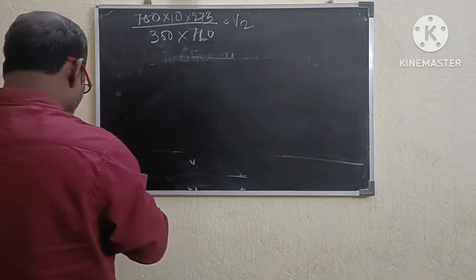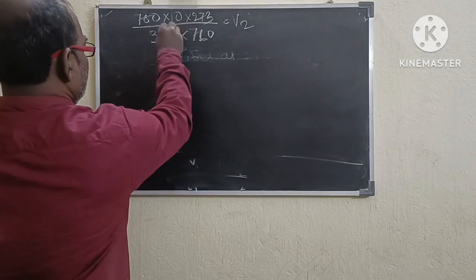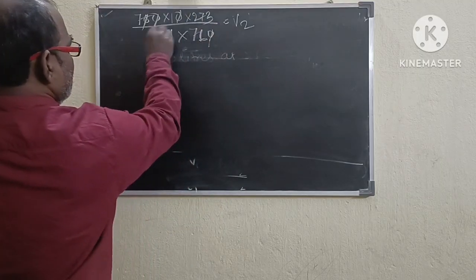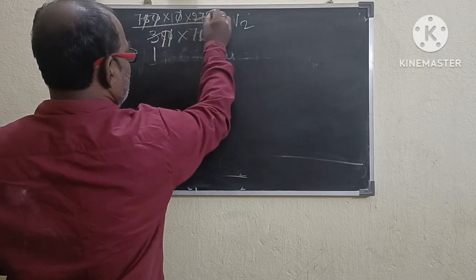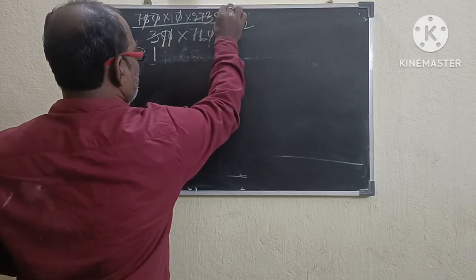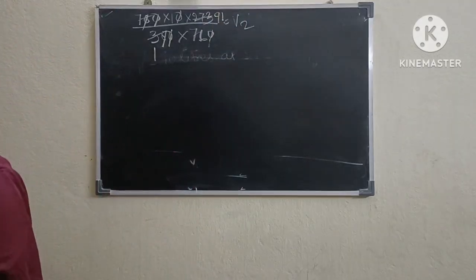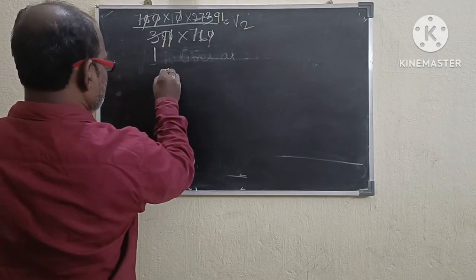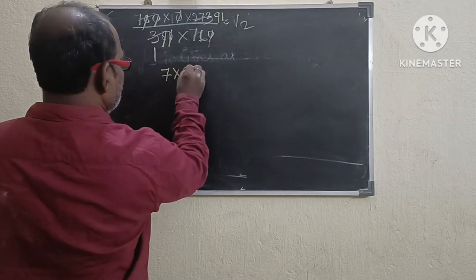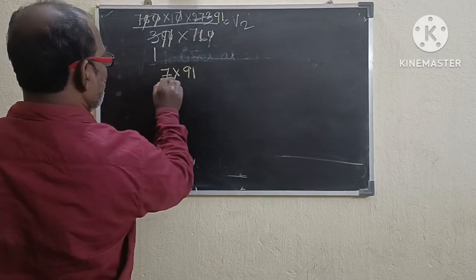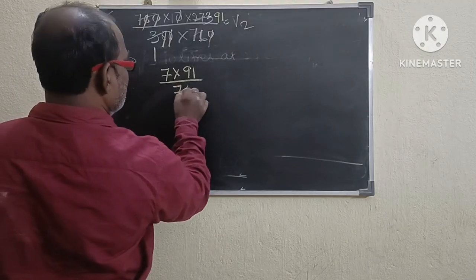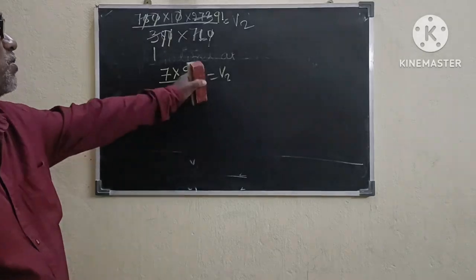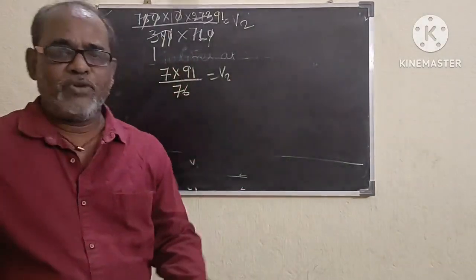So we get cut over here. Three ones are 3, 39 ones are 91. Okay. So what we are getting is 7 into 91 by 76 is equal to V2. V2 is in liters, so this much liters at STP we are getting.